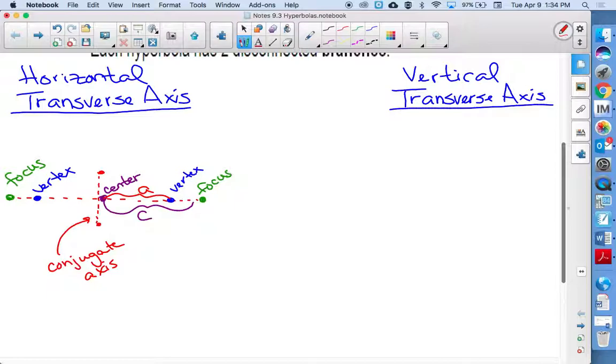And that value is B. So this distance here is B. So B still goes the opposite direction. A and C are one way, B gets us then the other. So we know how wide or narrow the parabolas are, or the branches are.